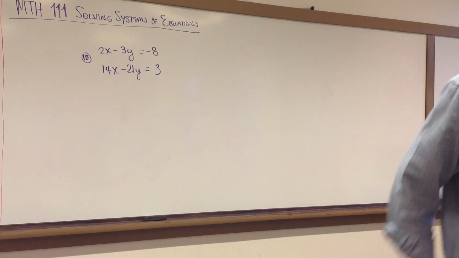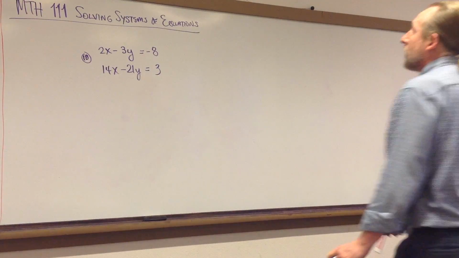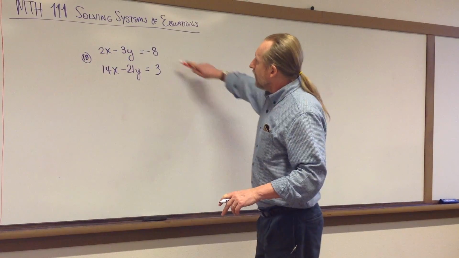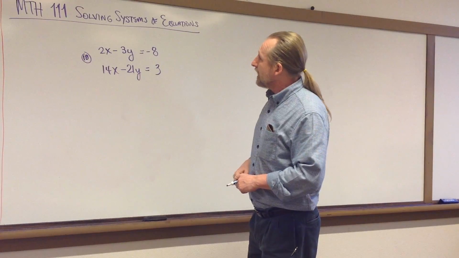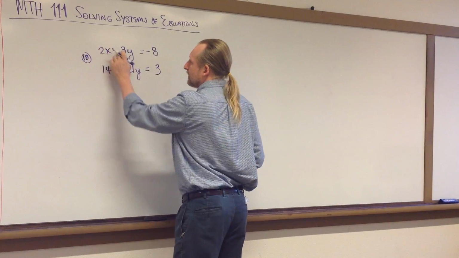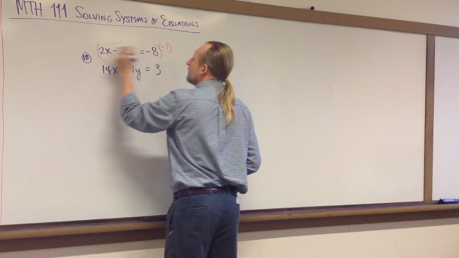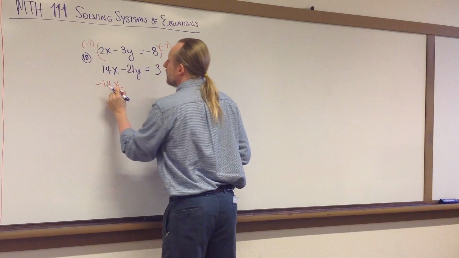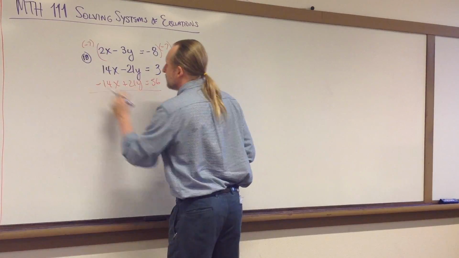If we wanted to do this by elimination, both of these have the same signs, but if we multiply the top by negative 7, then that would make this negative 14x plus 21y, and over here we have 56.